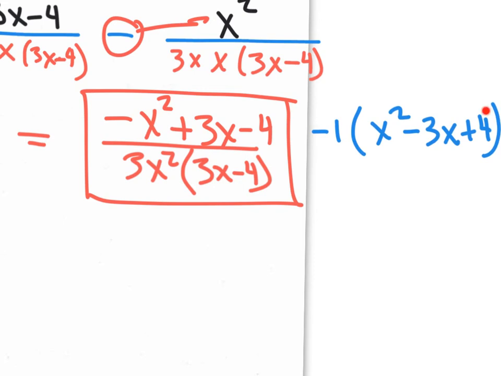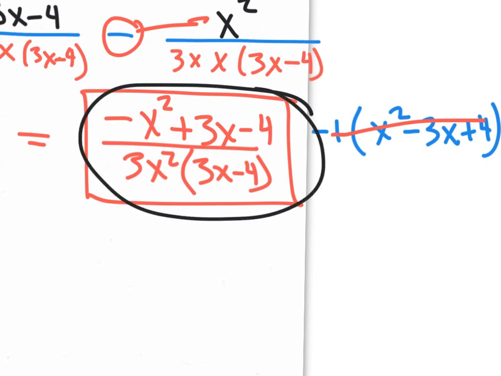But if you think about it, what times what is 4 that if you add together is -3? That doesn't work. 4 times 1 is 4, add it, it's 5. 2 times 2 is 4. If you add it or subtract it, it's not going to give you -3. So we know it's not factorable any further. So I would just not even bother factoring out a -1 and just recognize that this is your final answer.